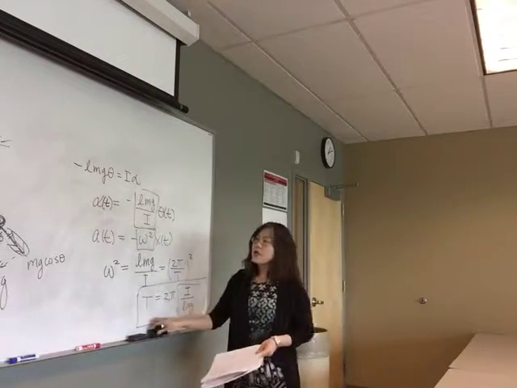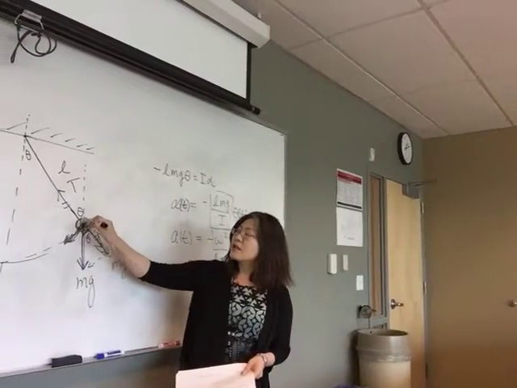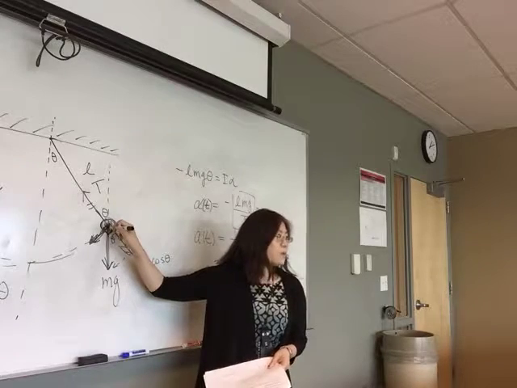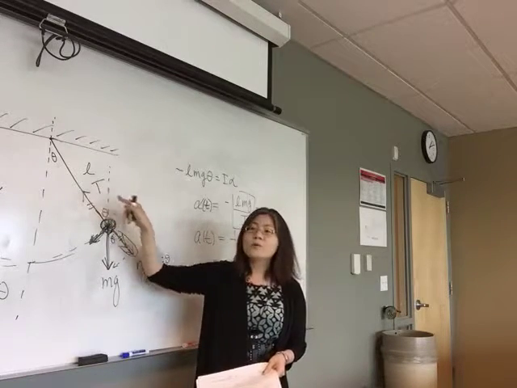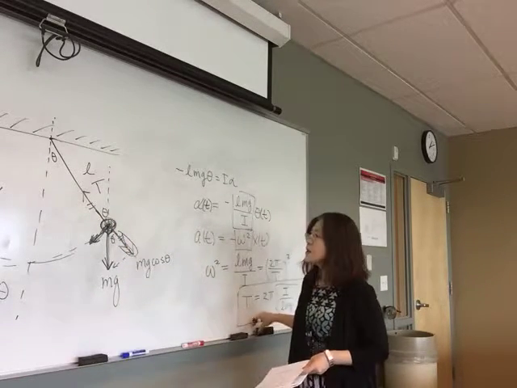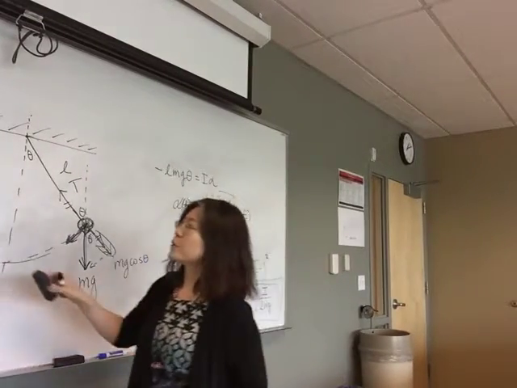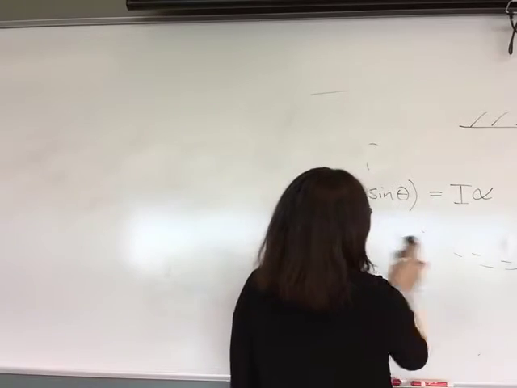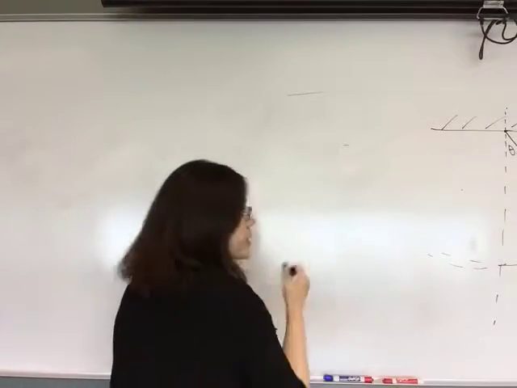We can actually utilize this. If you have just a simple arrangement like this, with an object of mass m located L distance away from the rotation axis, what will be the rotational inertia for that object? So let me copy it down again.